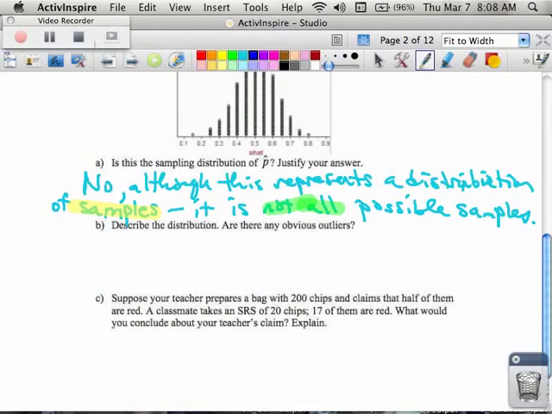In part B, what do you notice about our graph? What about the shape? Looks like it's relatively normal. So our shape seems to be symmetric. What was the next one? Oh, outliers.